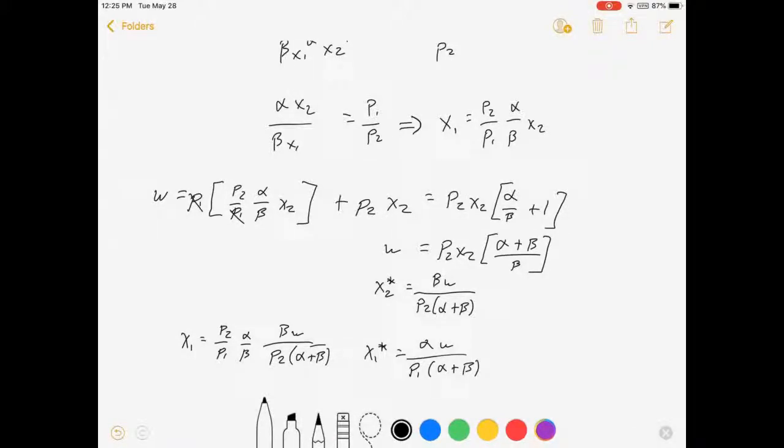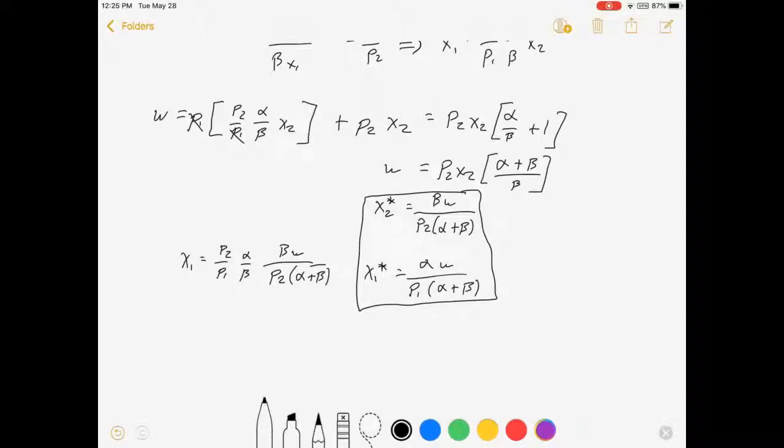We've solved for our Cobb Douglas x2 and x1. So these are our Walrasian demand functions if your teacher called it that.